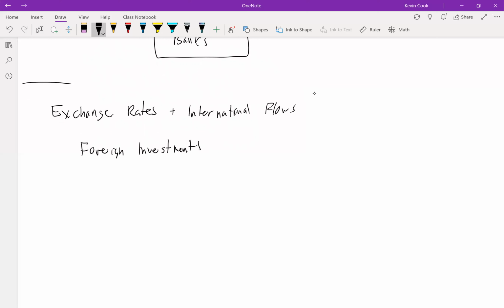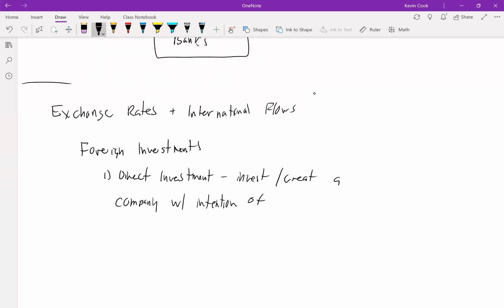And with our foreign investments, we had two types of investments we can make. The first was called direct investment. This is where we actually invest in or create a company with the intention of actually managing the company.